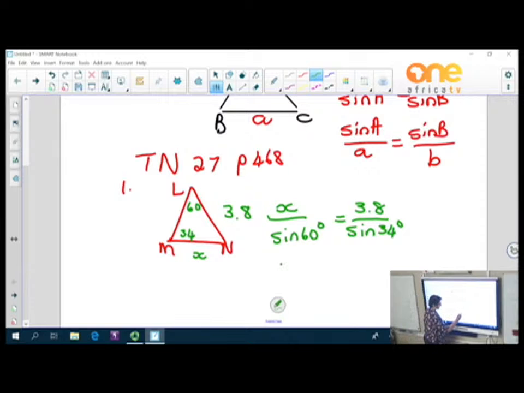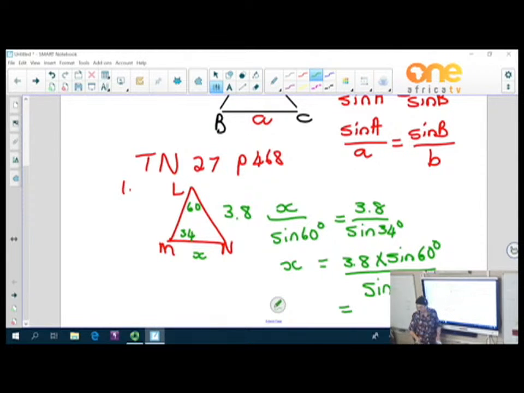I want to find x, so this is going to be 3.8. To get rid of this one here, to have x alone, I will multiply with sine 60. So what I do on the one side, I do on the other side, and then we divide by sine 34 degrees.